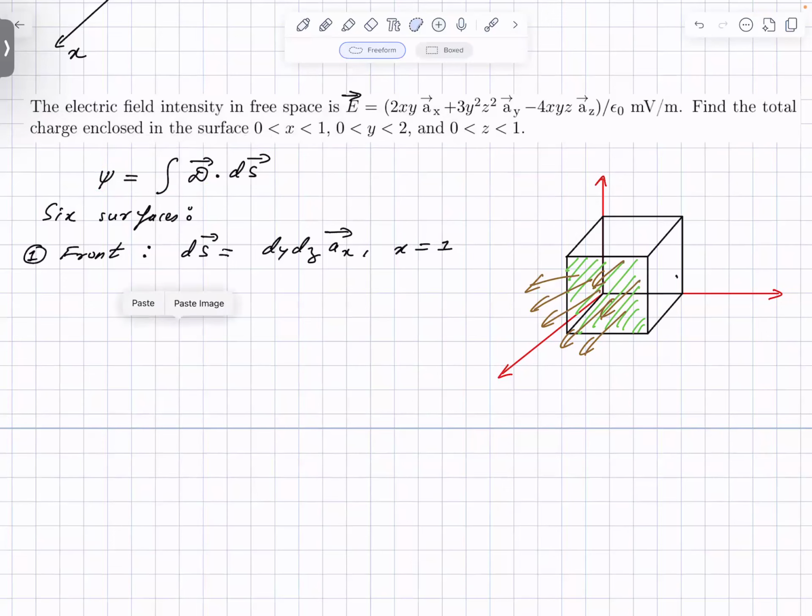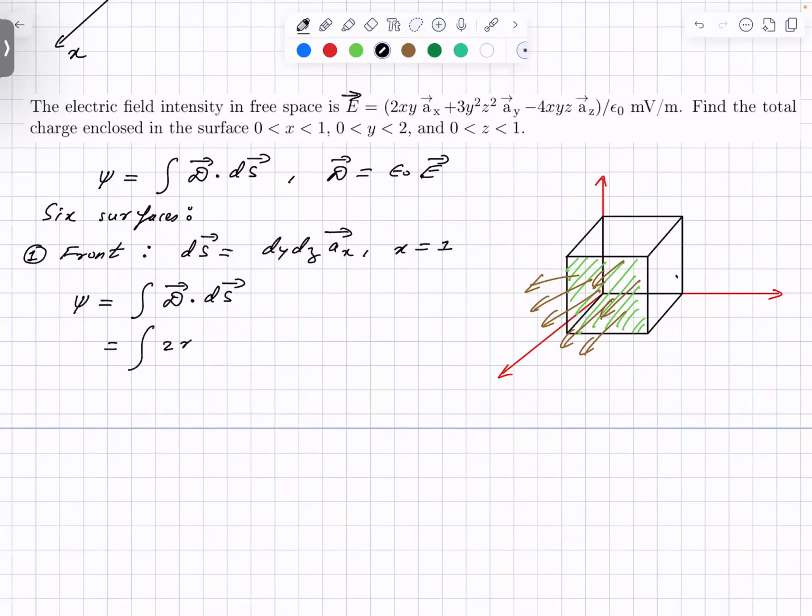Now we'll consider this formula. We don't have the expression for D, but we have the expression for E, and we know that D equals epsilon naught times E. So we can take the given expression for E and multiply it by epsilon naught. When we do that, the epsilon naught in the denominator will cancel, and we'll just get the numerator part of that E as our expression for D. So let's write that part.